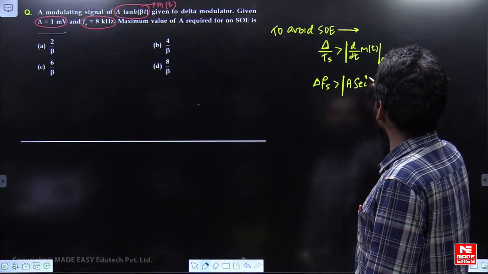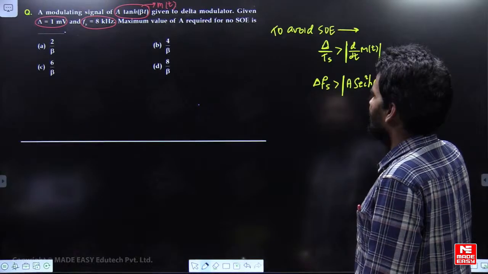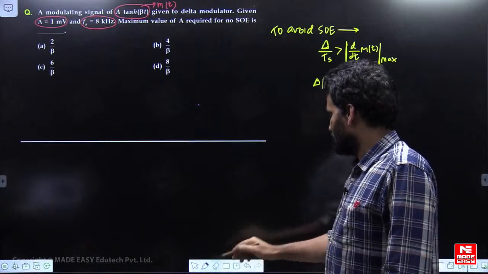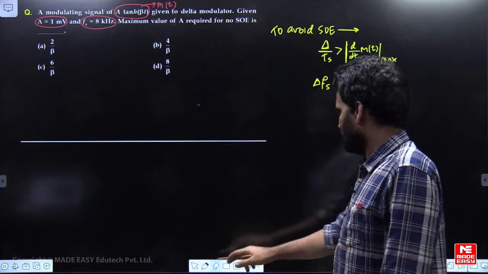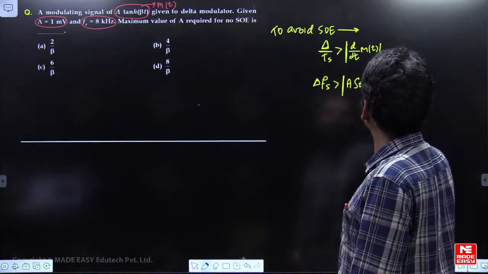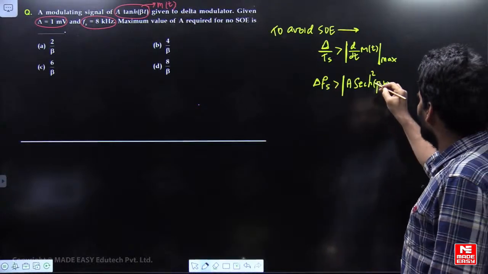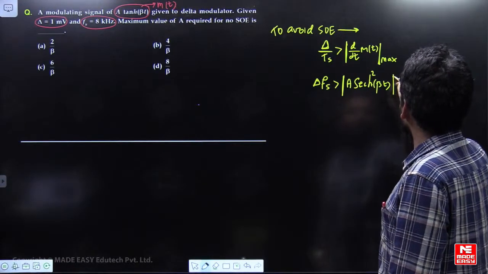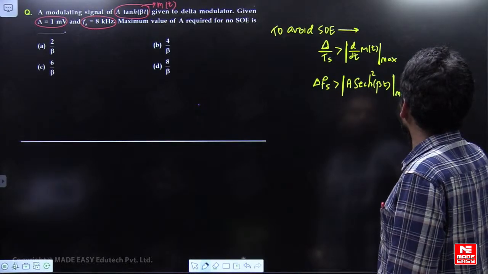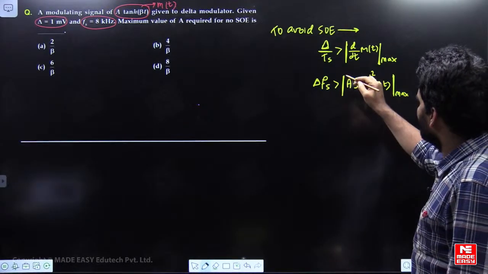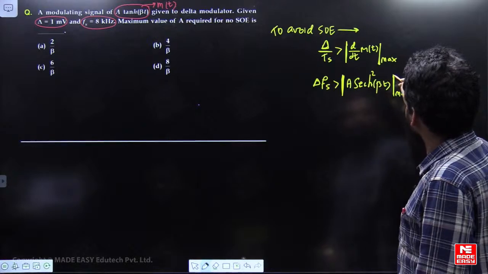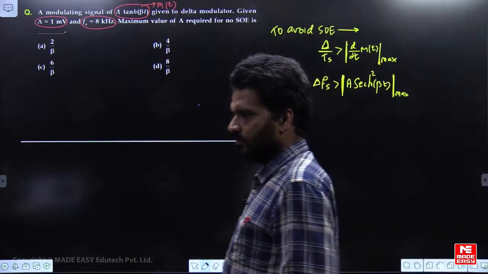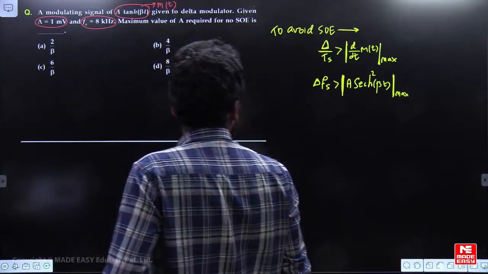That is sech square, this is sech square beta t, and maximum. And substitute the values here.